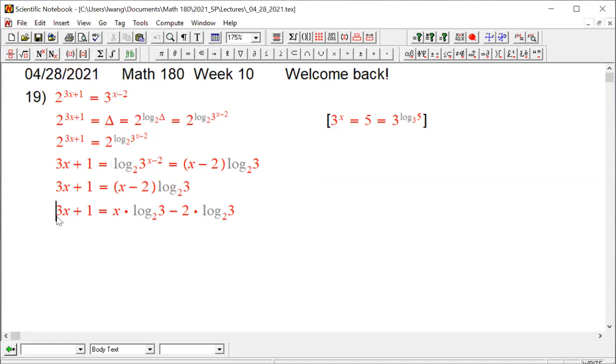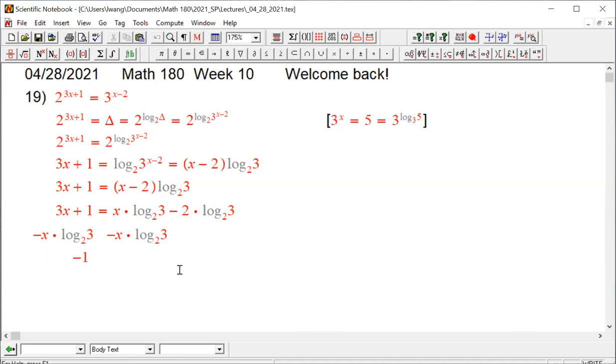And then you're going to bring the x's together. So you're going to subtract this guy on both sides. Subtract 1 on both sides.